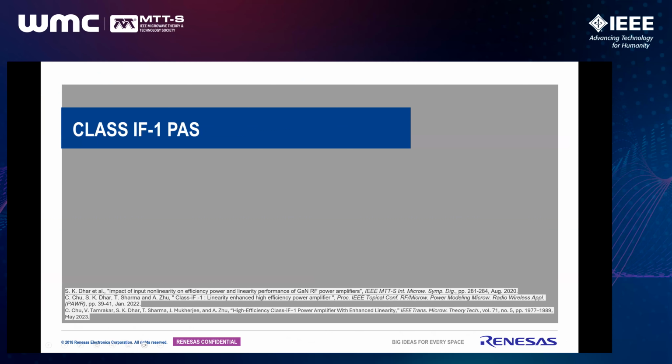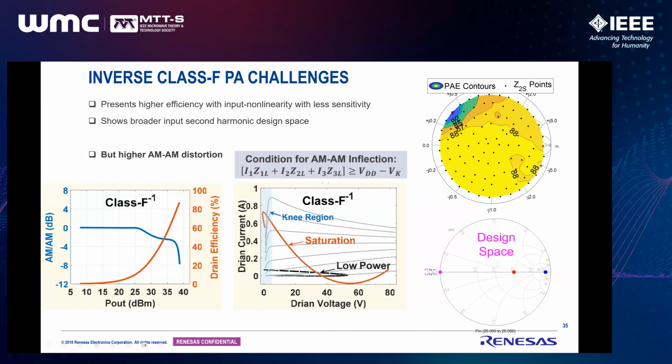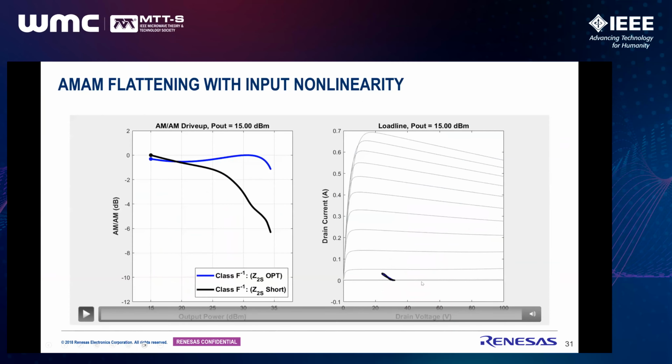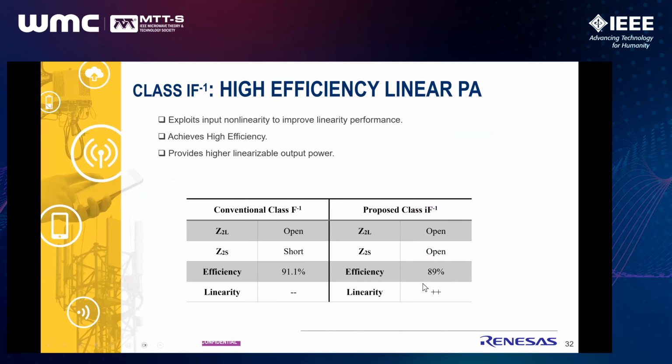For more details, please refer to that paper. What we can see is that, without minimum efficiency sacrifice, we can correct the AM-AM distortion of the inverse class F by exploiting the input non-linearity.